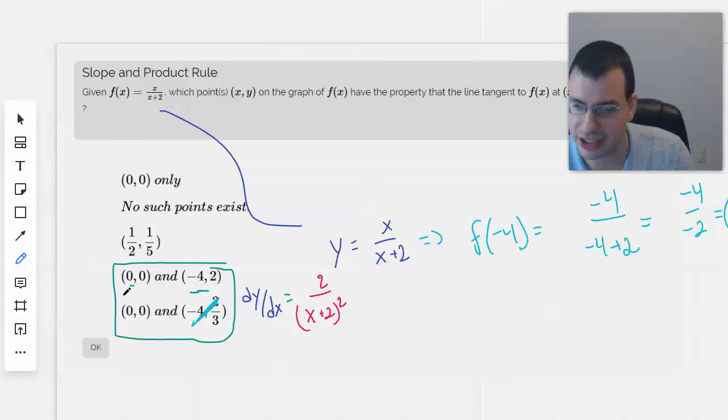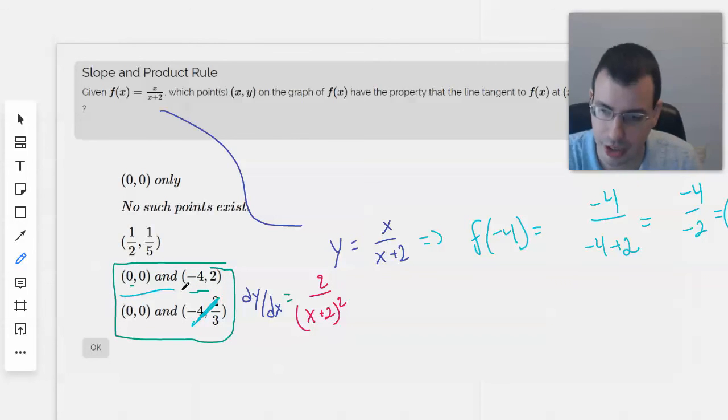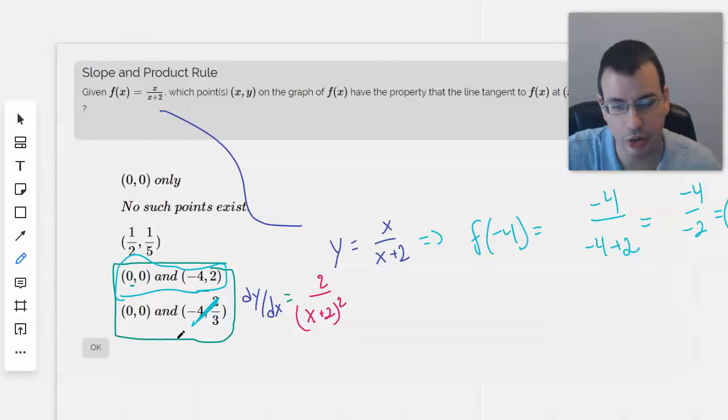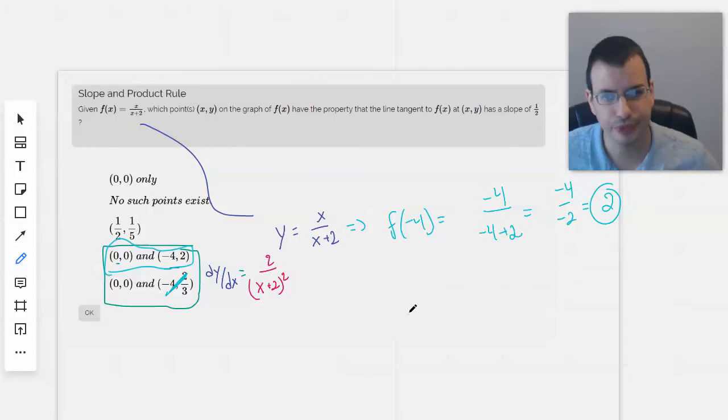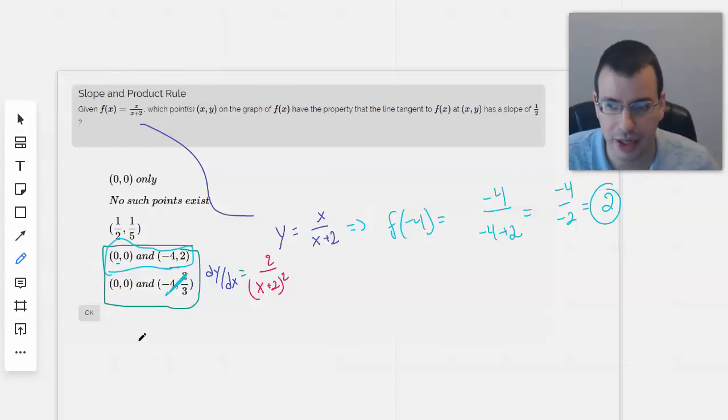That point does not exist. And so we're left with the points 0, 0, or negative 4, 2 as two sets of x, y points where the slope would be 1/2.